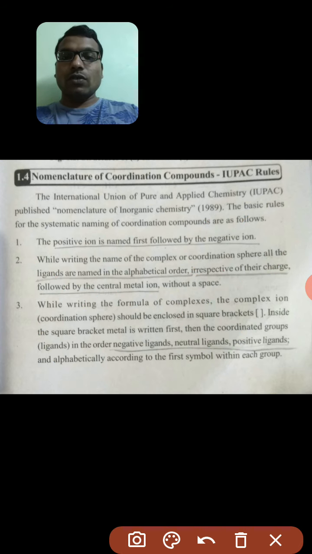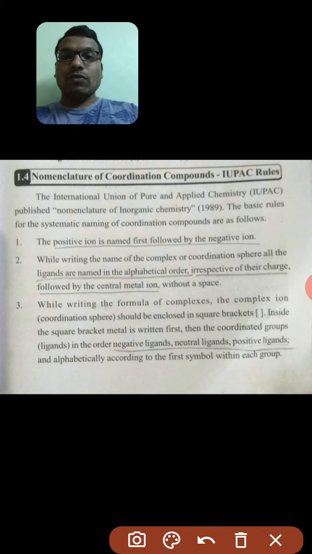Next we will go for the second rule. While writing the name of the complex or coordination sphere, all the ligands are named in alphabetical order, like A, B, C, D. We should mention them in alphabetical order only, irrespective of their charge.